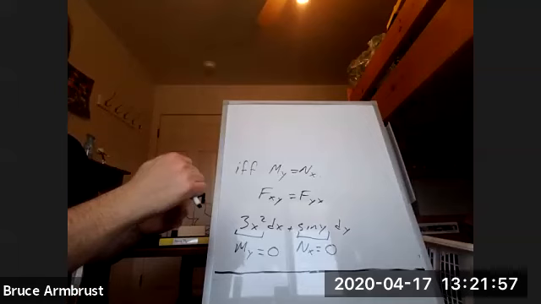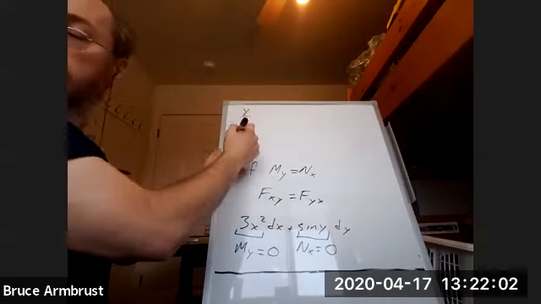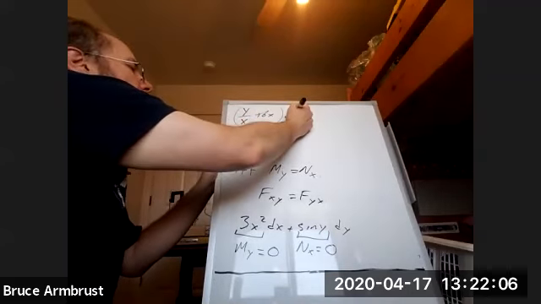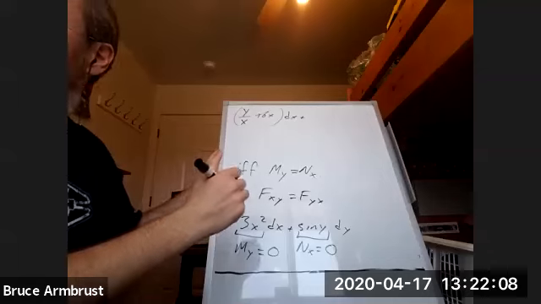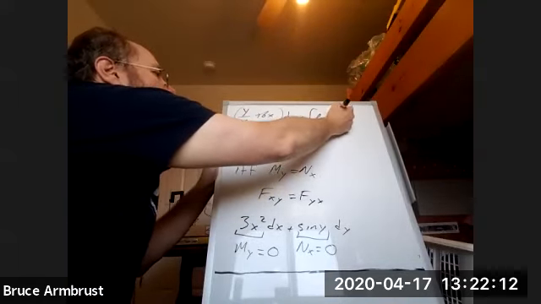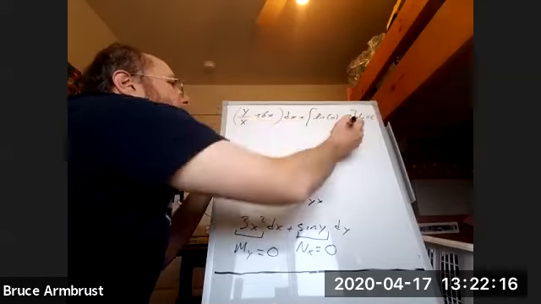So let's try this one. Let's say we've got y over x plus 6x, and that's going to be times dx. And then we're going to add to that the natural log of x minus 2 times dy, set that equal to 0.